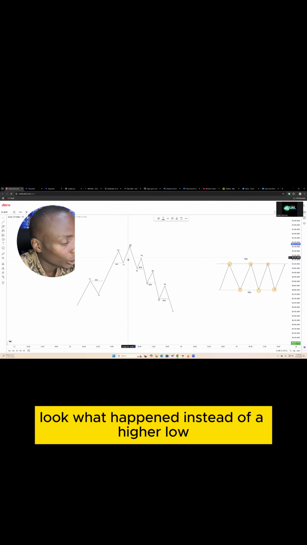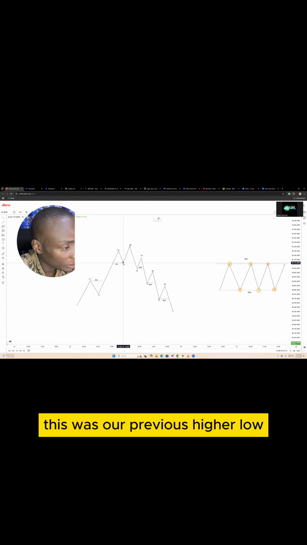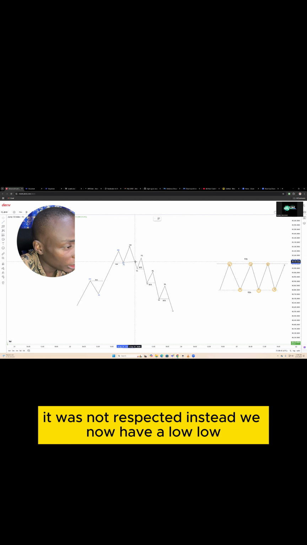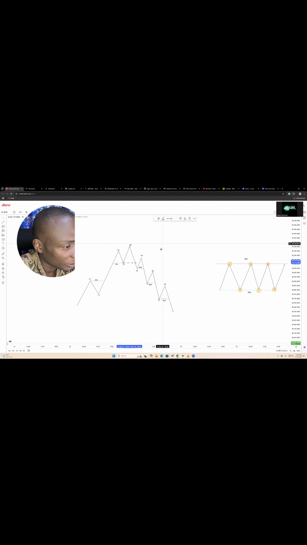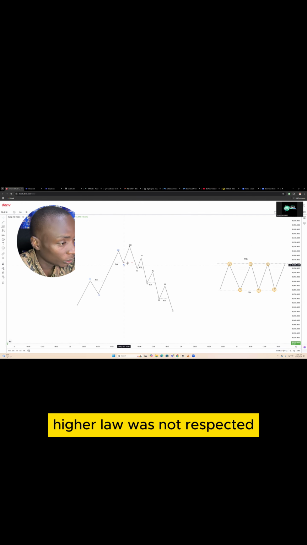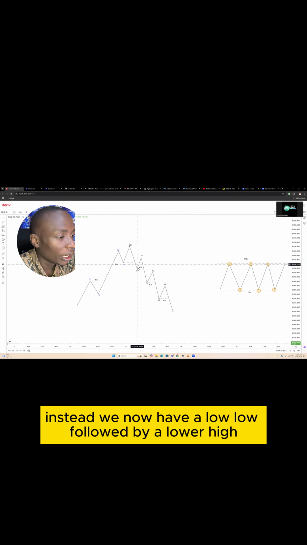What happened? Look what happened. Instead of a higher low, this was our previous higher low. It was not respected. Instead, we now have a low. We can mark it with color red and maybe make it bold. Our higher low was not respected. Instead, we now have a low followed by a lower high.